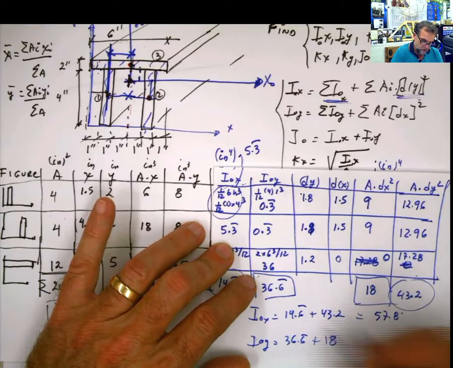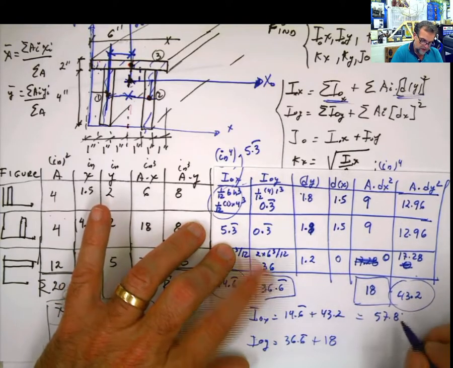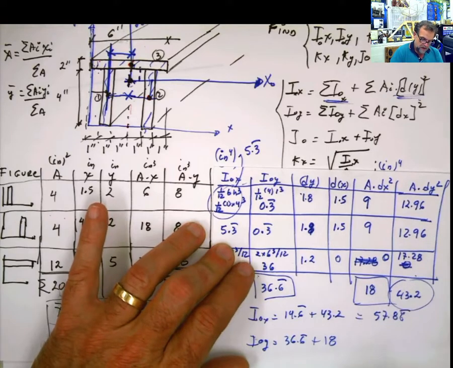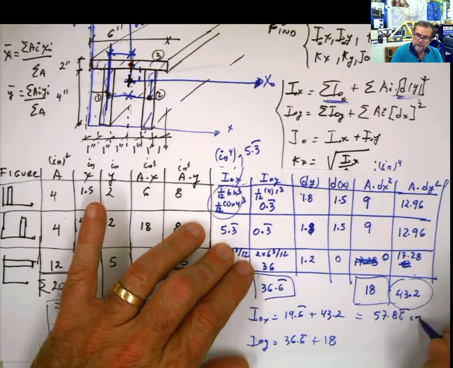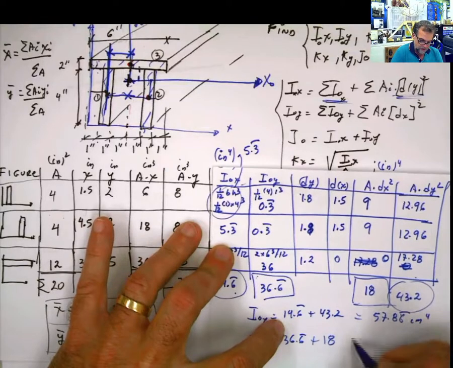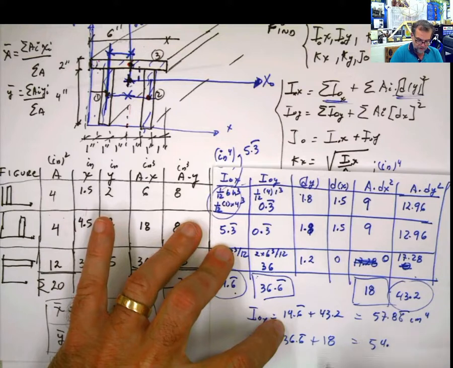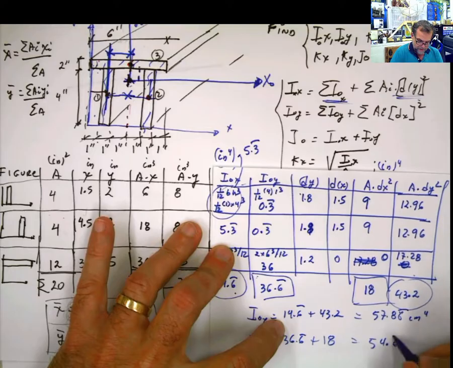It's not 82, it's 88 actually, because this is let's say 86 inches to the fourth, and this is 36.6, 54.6 inches to the fourth.